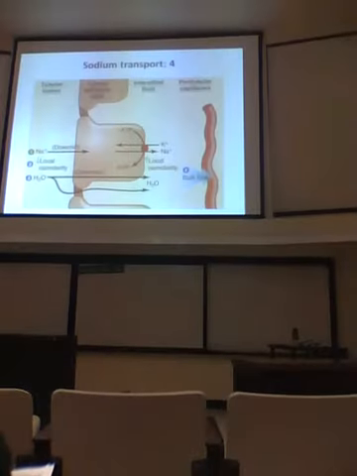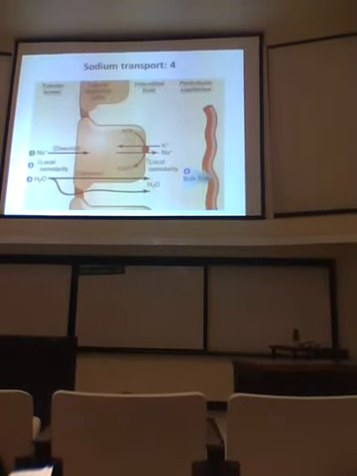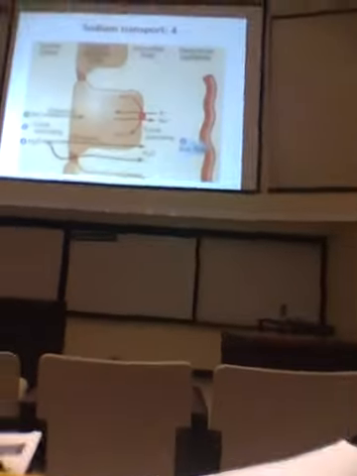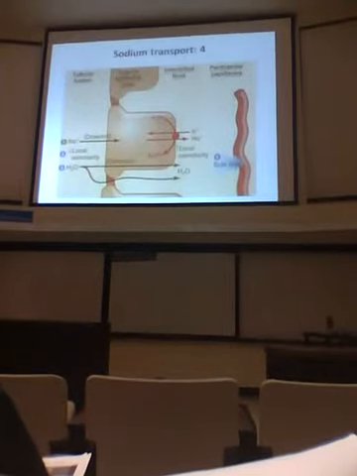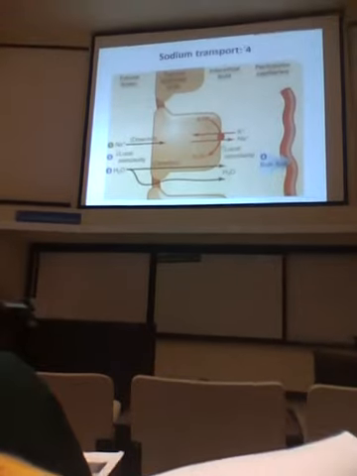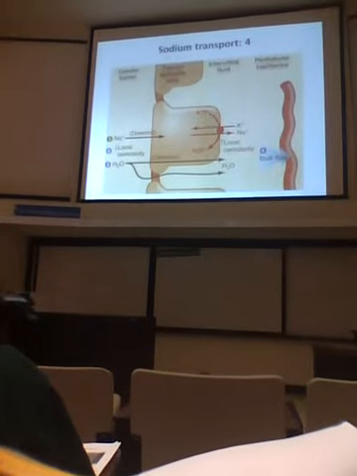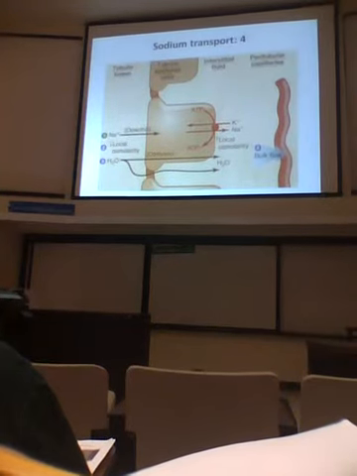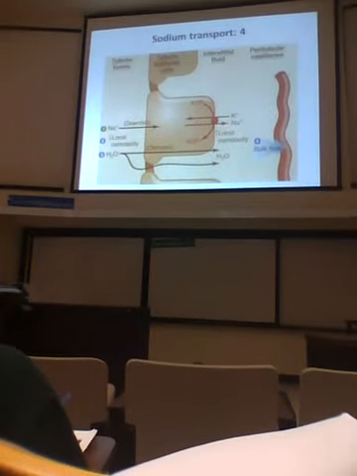So here is our sodium-potassium pump at the basolateral membrane. So sodium is being pumped out, potassium in. That allows sodium to diffuse in, down its gradient, and then into the tubular capillaries as last time. But look what the effect of that is.